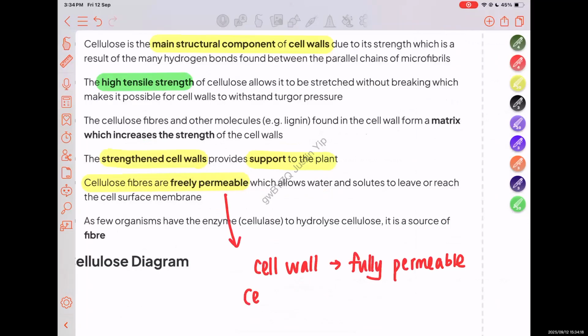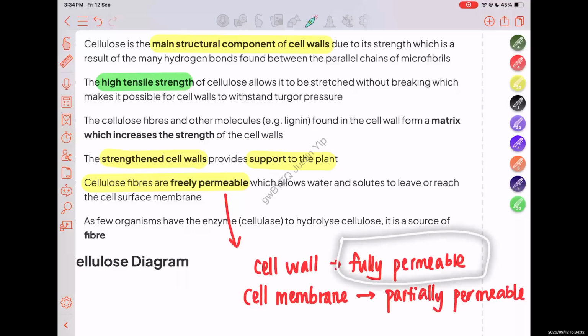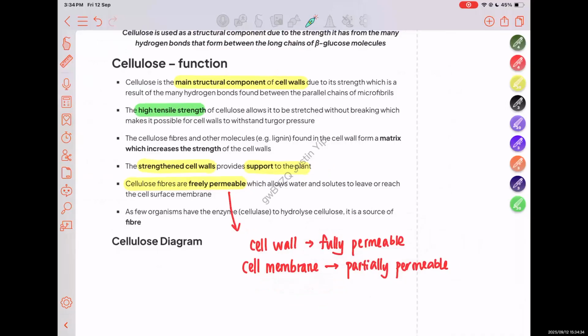And we got another one, the cell membrane. Cell membrane, we call it partially permeable membrane. Fully permeable means I let almost everything come in and come out. But cell membrane only allows certain substances to come in or go out.